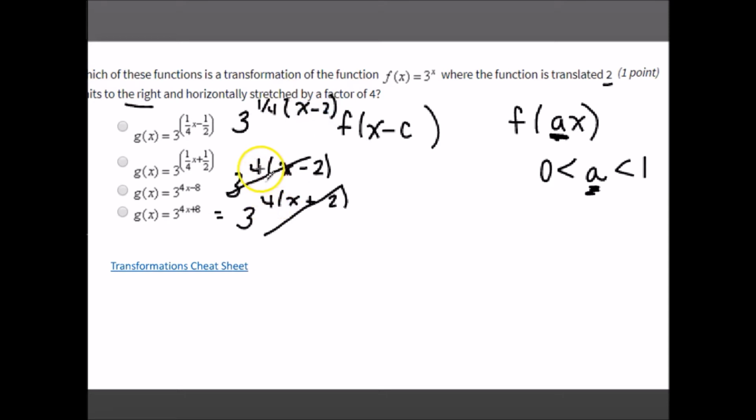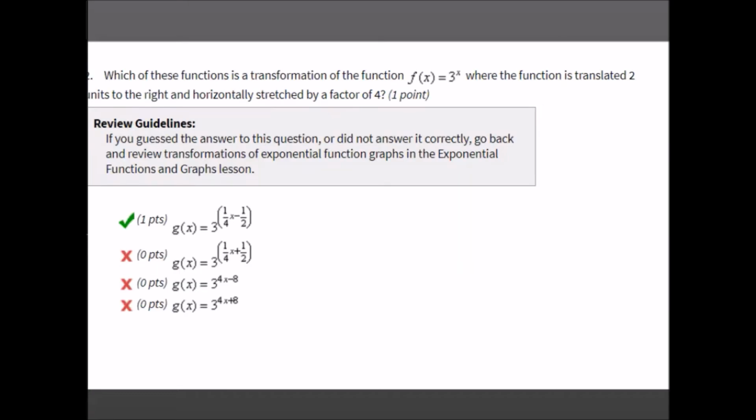If you're questioning how I got the minus 2, think about if you distributed this 1/4 through, you'd get 1/4 x, and you'd get minus 2/4, which is 1/2. And so we've got the right 2 units taken care of there, and the 1/4 that needs to be between 0 and 1. So I would pick answer choice A.